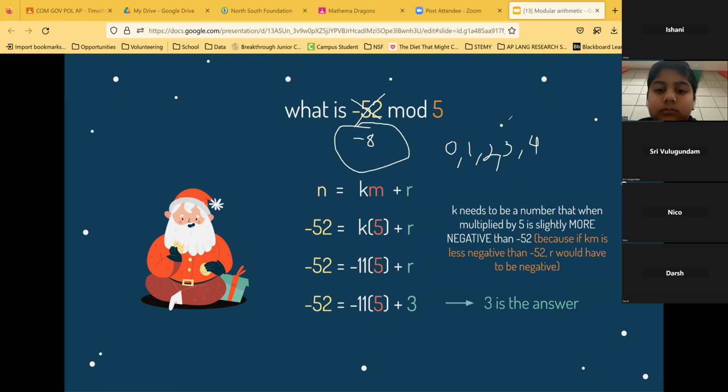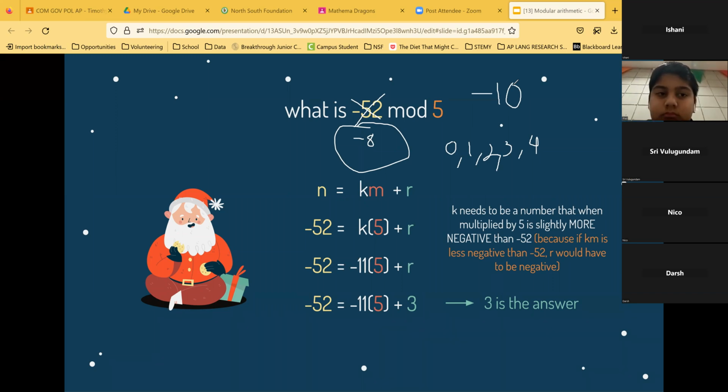So in this case, the greatest multiple of 5 that is below -8 is equal to -10, right? We know that -10 is less than -8.